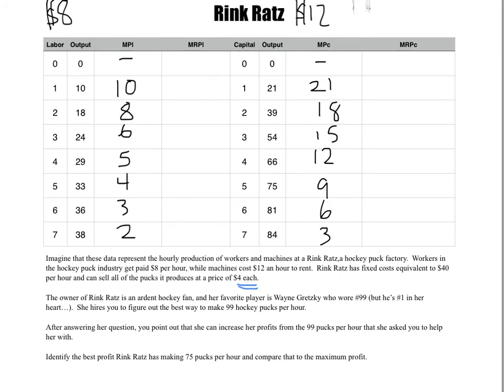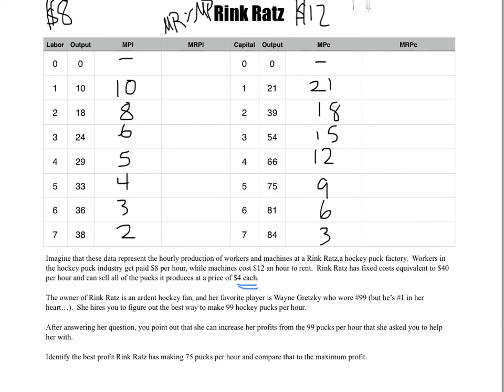So let's demonstrate here then that we'll need to calculate our marginal revenue product. It's worth noting that our marginal revenue product is equal to marginal revenue times marginal product. Since we have our marginal product columns here, we need to figure out what our marginal revenue is. This is where we have to read between the lines a little bit.